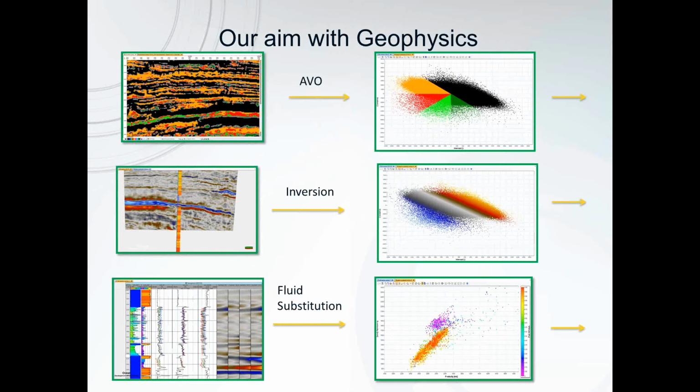So what does that mean? Well, really at any stage of your workflow, whether you're doing an AVO investigation, whether you're looking at some inversion type data, or whether you're doing some maybe rock physics like fluid substitution, you can take the data into the GDI space to help you get a bit more confidence with how the results are looking, so that you can have a better control on some of these algorithms that you use.